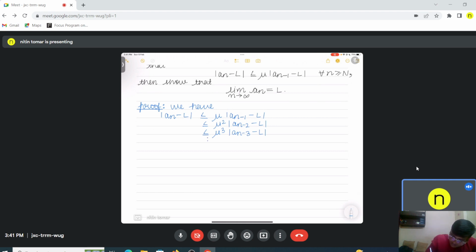So if you keep on doing this, up until you reach this point |a_N - L|, or let us say I want to go to a_n, then here it will be mu^(n-N), and this holds for all n greater than or equal to N.